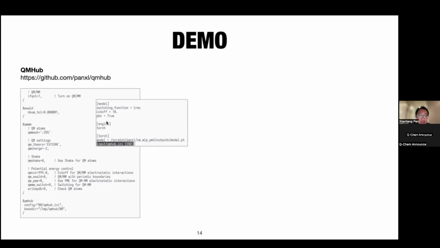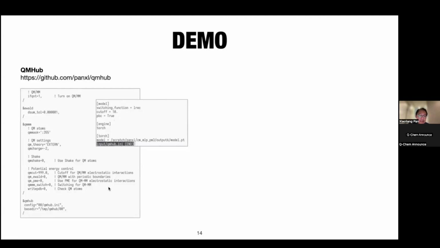And on the right side is an example of the QMHub configuration file. I'm showing this example to run a PyTorch model. In the first section, we specify the switching function cutoff, and whether we want to run periodic boundary conditions or not. Then what type of engine to use. In this example, we will use PyTorch to run a machine learning potential model, but this could be Q-Chem or SQM.